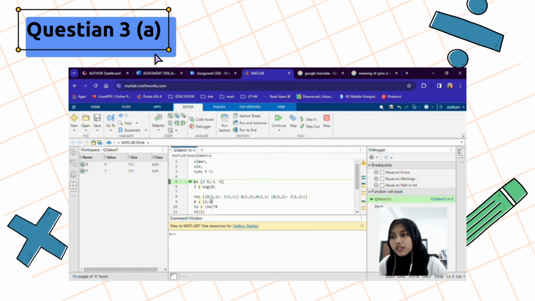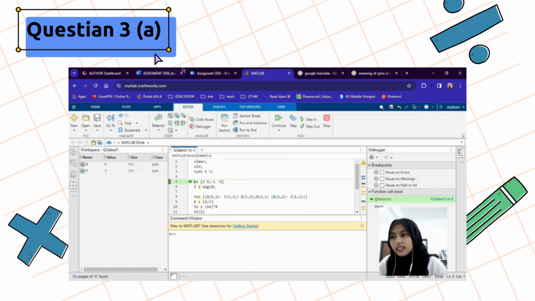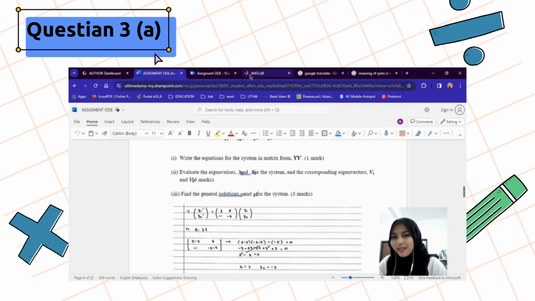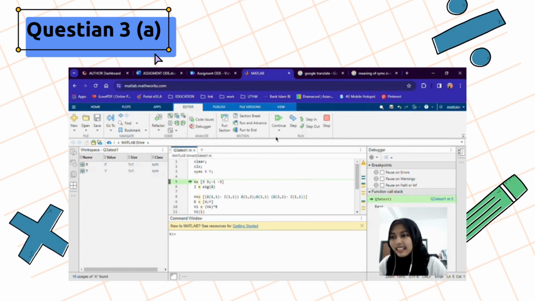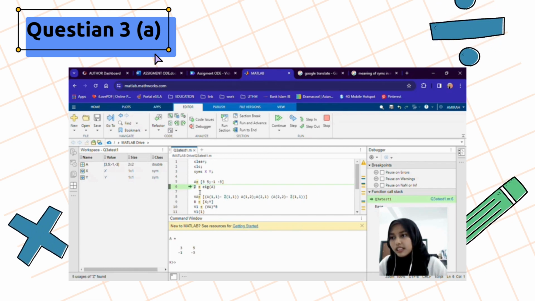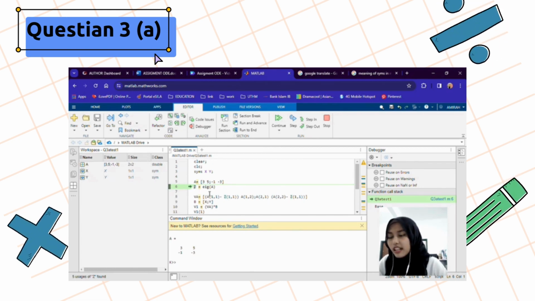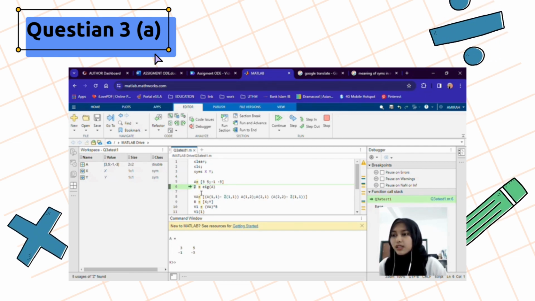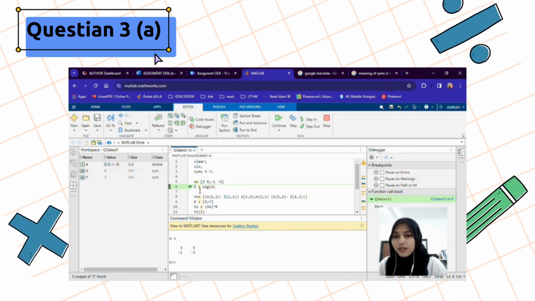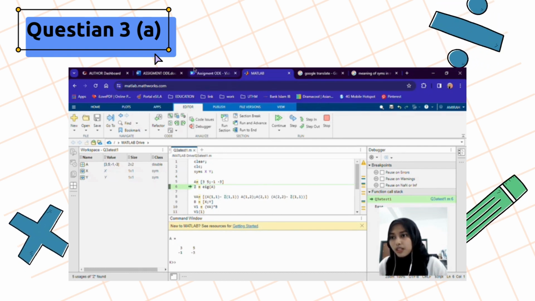And then next I'm going to display the matrix A, which is the matrix for question 1. And then it will display like this. So matrix A: 3, 5, -1 and -3. Okay, so next for this code, z equals eig(A), which is to find the values for lambda 1 and lambda 2.